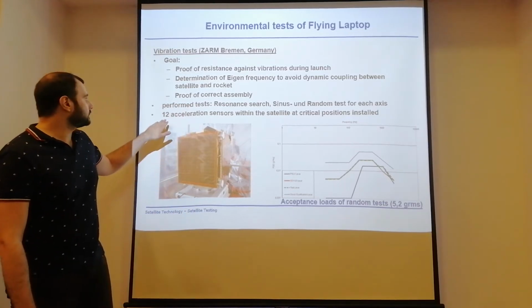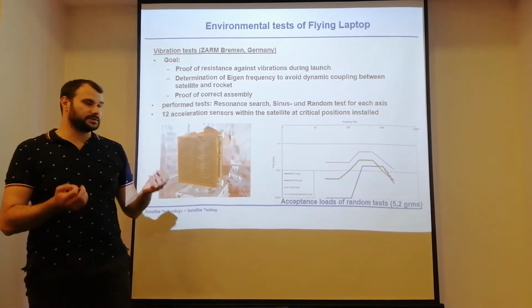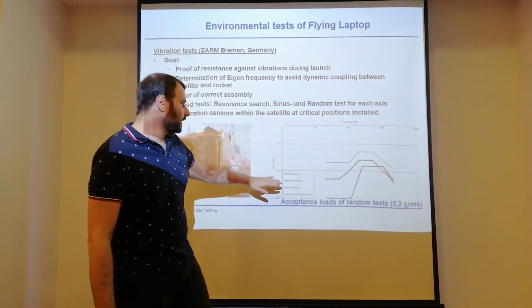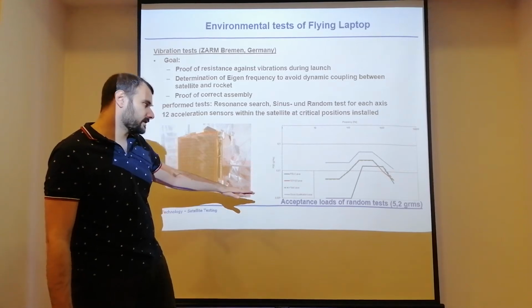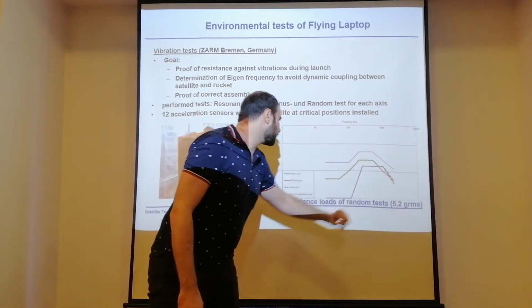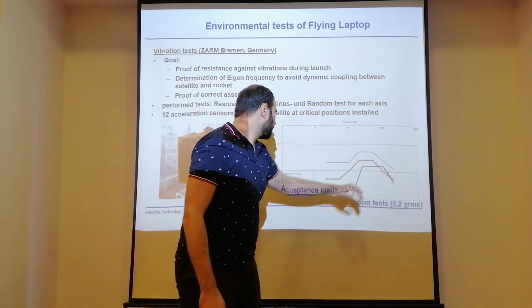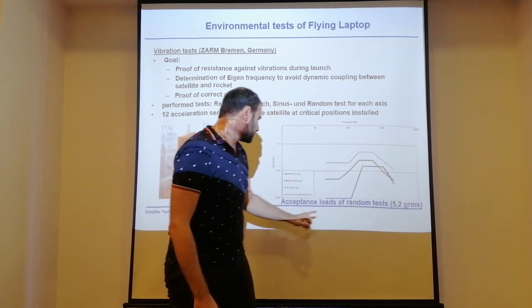To do that, there were 12 acceleration sensors installed within the satellite at all the critical positions, and then you can get this graph with the acceptance load. This is the test level here, the green one, and the reply level, and those are the acceptance levels for different launches.